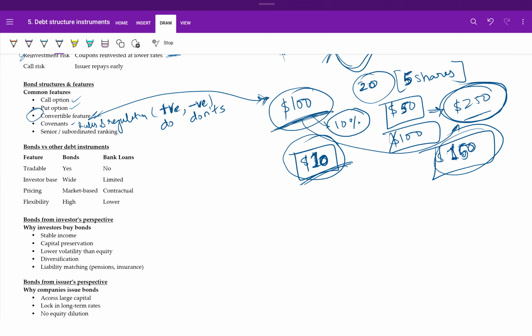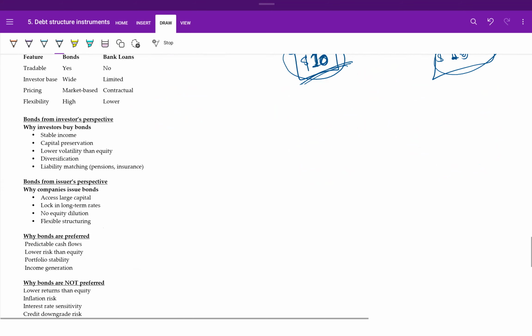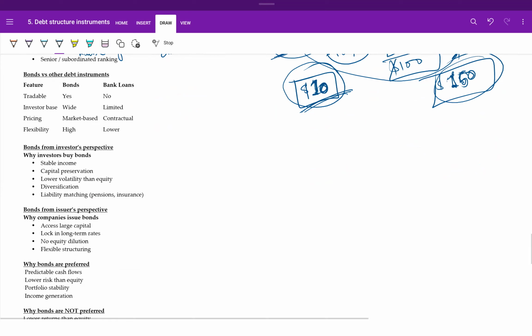Let's try to complete this as quickly as possible. When we compare bonds with other debt instruments, for example bank loans: bonds are tradable in the market, over the counter or exchange traded, while bank loans cannot be traded.